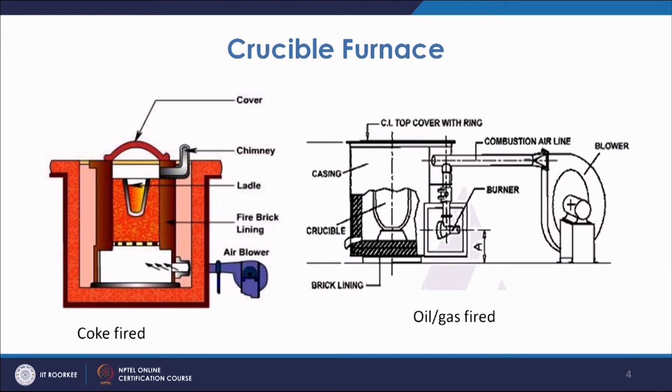The coke is ignited and gives a large amount of heat to the crucible. From the top portion and through the chimney, the flue gases go out, and the temperature is enough to melt the metal.